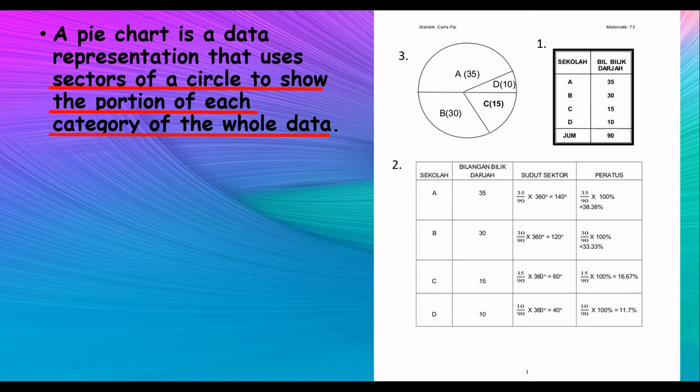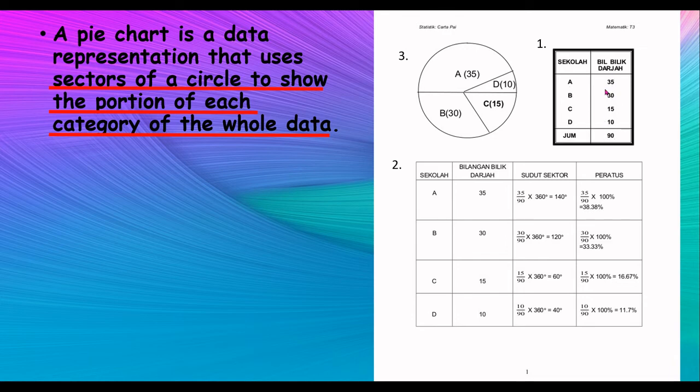Actually, a pie chart is more complicated than other data representations because it involves calculation. Okay, now please listen very carefully. First, when you get the frequency table, here we can see we have 4 schools involved and the number of classrooms in each school.